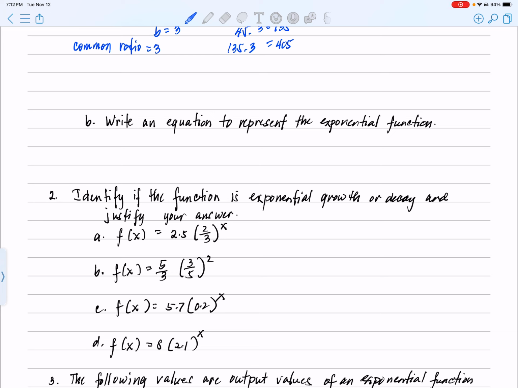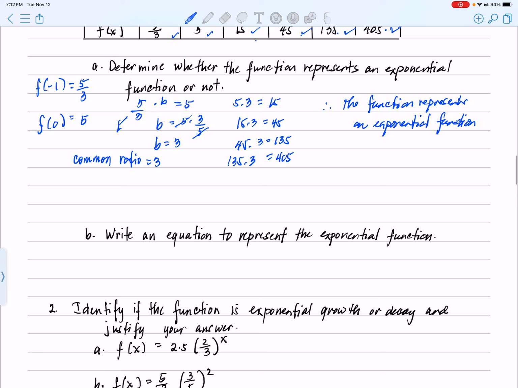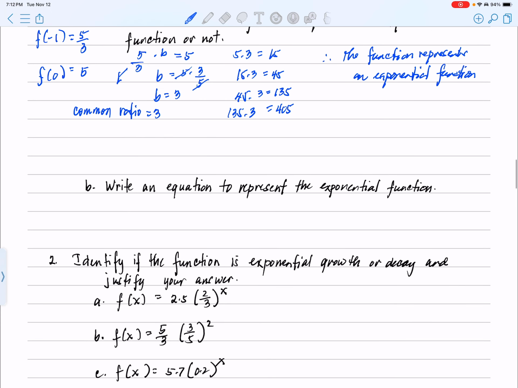So the function has a y-intercept. We're going to look where we can find the y-intercept. The function has a y-intercept when x equals 0.